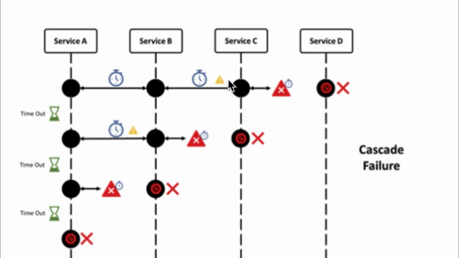Hence, service B, which depends on service C, also starts experiencing failure because service C is not responding with the data. And the same is the case with service A. As service B is not able to respond, service A also starts experiencing the problem. As service D going down causes cascading failure of service C, service B and service A, all of the services are not responding and go into failure mode.